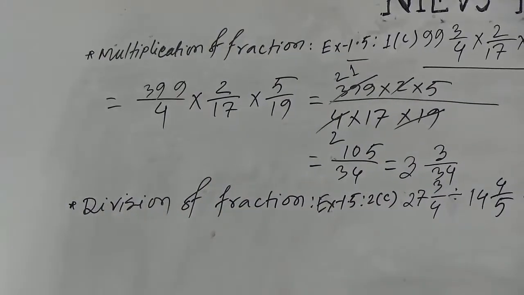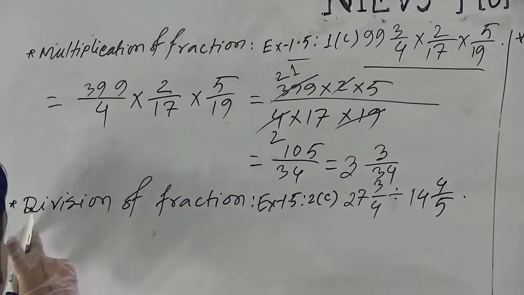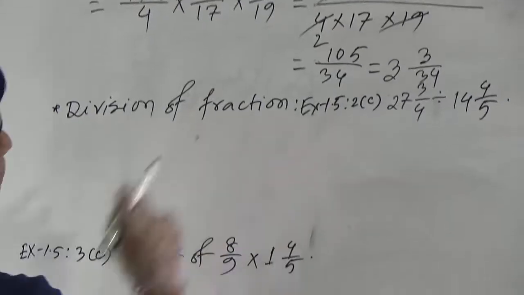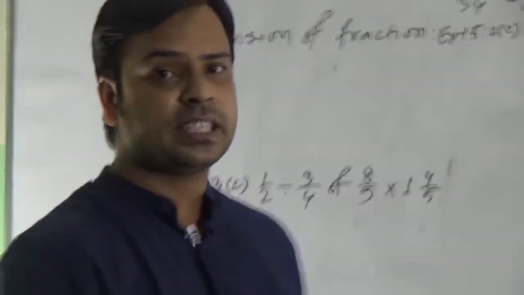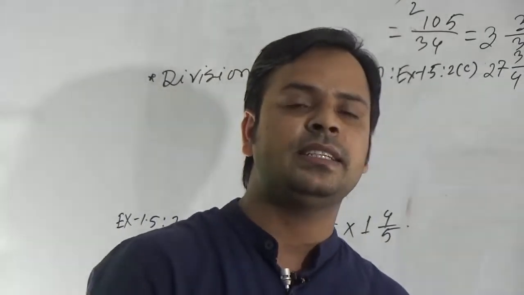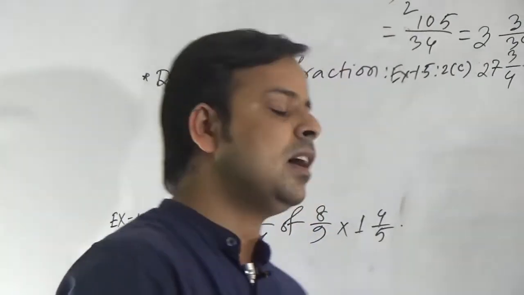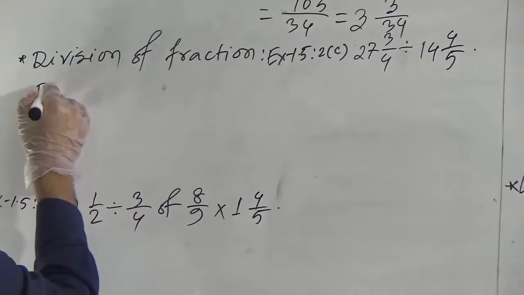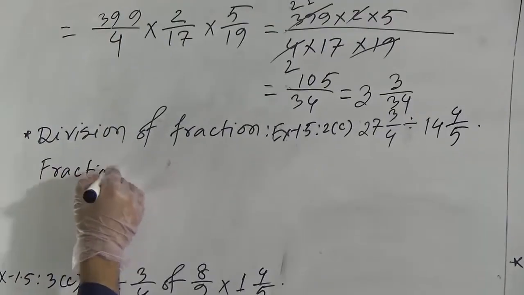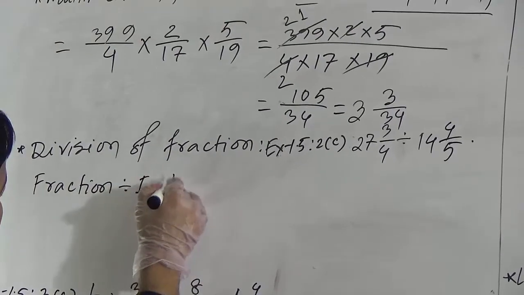And now go to the second question. Here, division of fraction. Division of fraction means we can divide a fraction by an integer and we can divide a fraction by a fraction. I will show both the systems here. Fraction divided by integer.